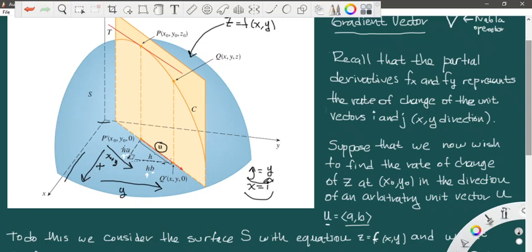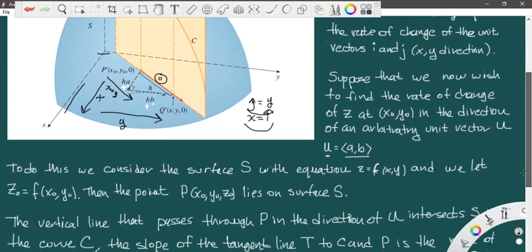So we need to have this constant times this a component, and this constant times this b component, to have the direction and magnitude of this vector. And this vector is going to be the line that this tangent line is going to follow to get the derivative of this function, but not on the x or the y-axis, but in any direction.